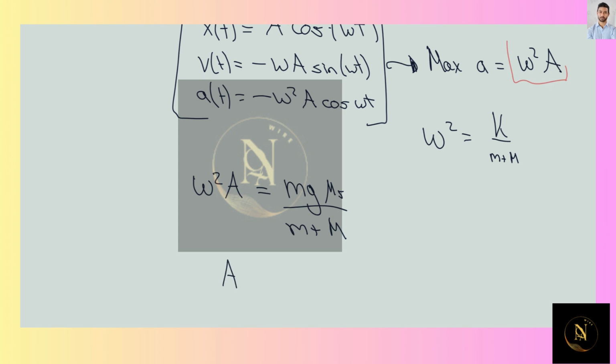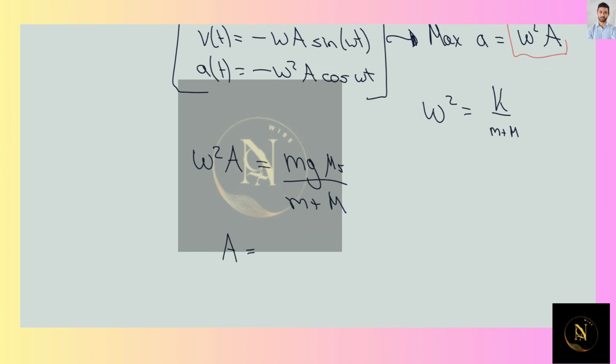So the amplitude is mg times the coefficient of static friction divided by m plus M, divided by omega squared. But 1 over omega squared is equal to m plus M over k. Both of the masses cancel out, and the maximum amplitude is equal to mg times the coefficient of static friction, divided by the spring constant.